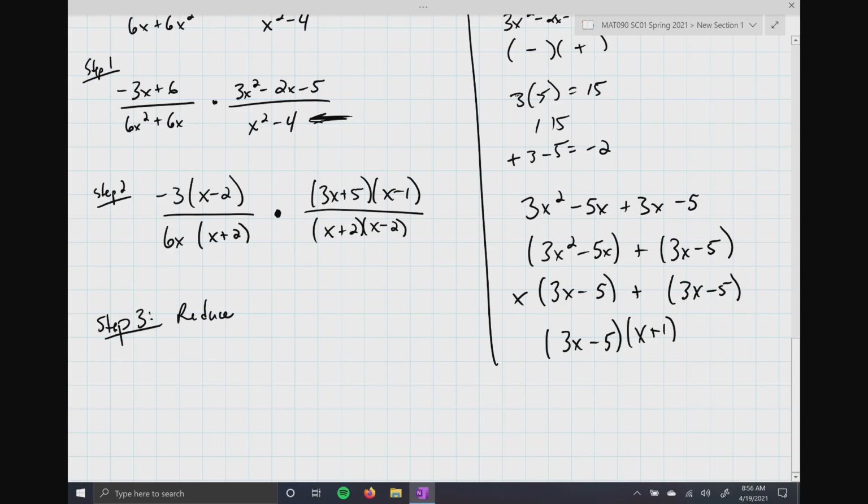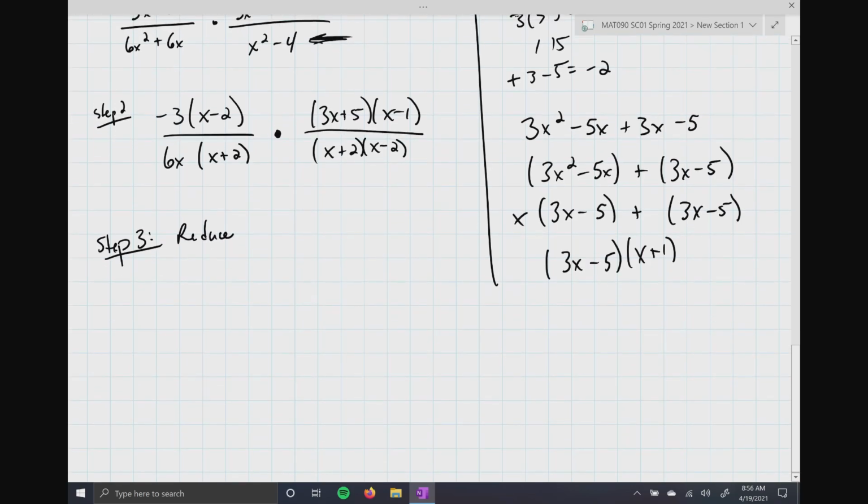This is where we're going to reduce, all right? Personally, I don't care how you do this, but I do try to make this visually as easy as possible for myself, okay?